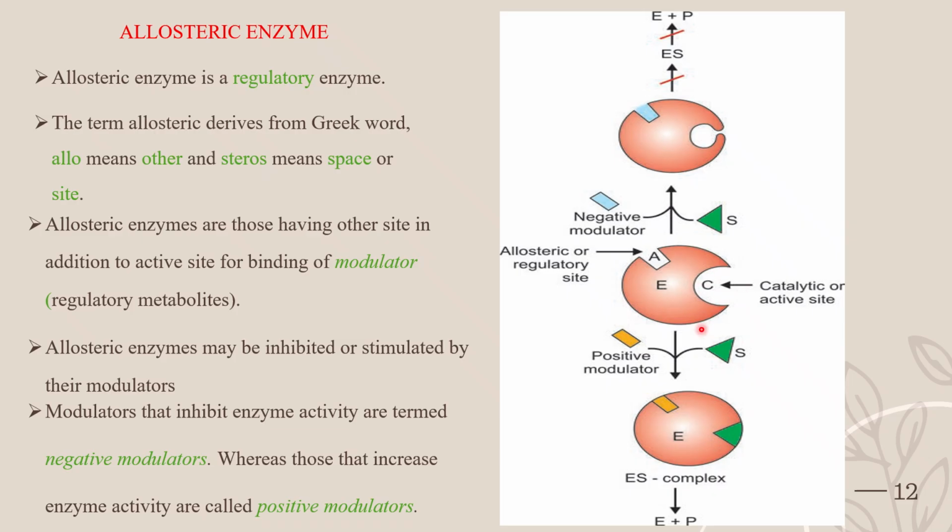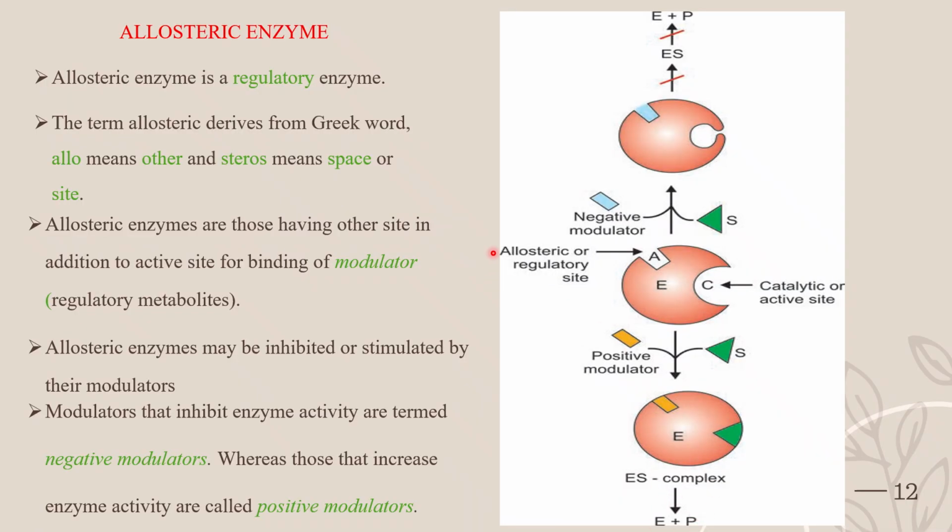So we will see here, this is the enzyme. This is the catalytic site or active site. This is the allosteric or regulatory site. This allosteric site can bind a modulatory substance that is either a positive or a negative modulator. If it is a positive modulator, its binding will facilitate the binding of substrate to the enzyme, thereby facilitating the formation of product.